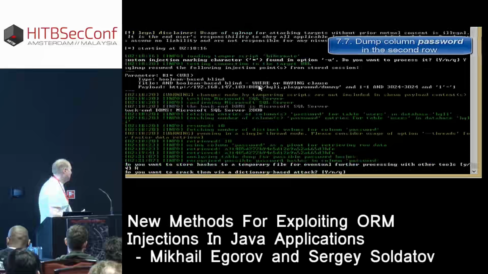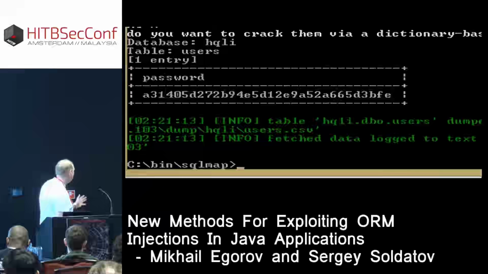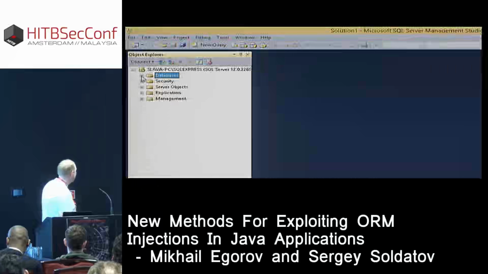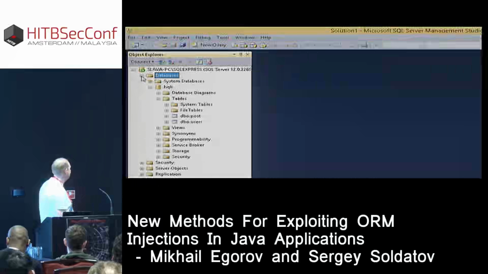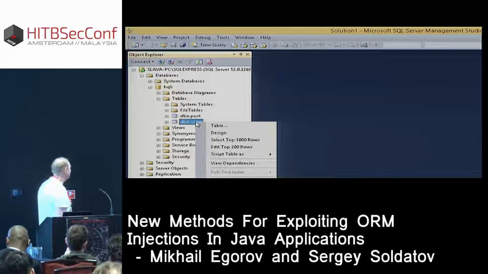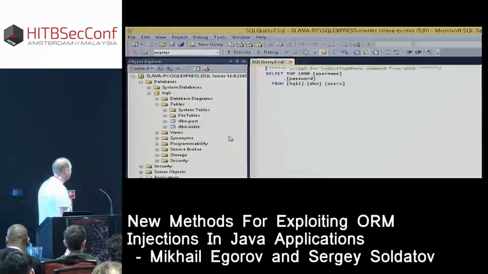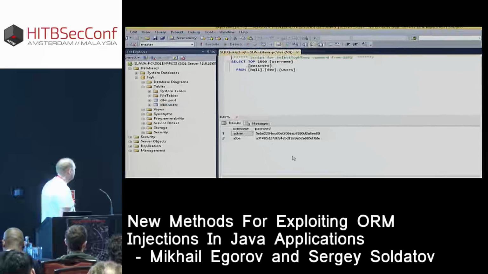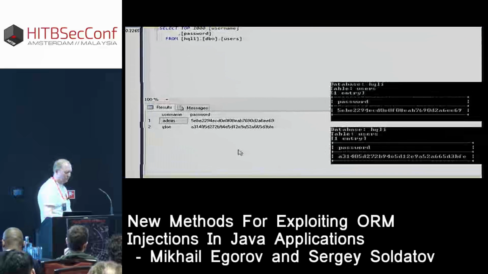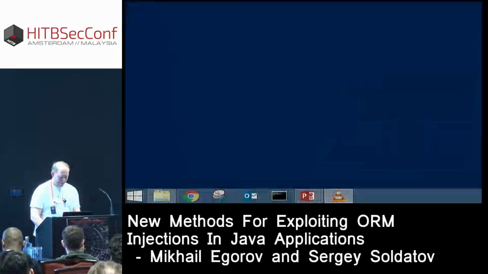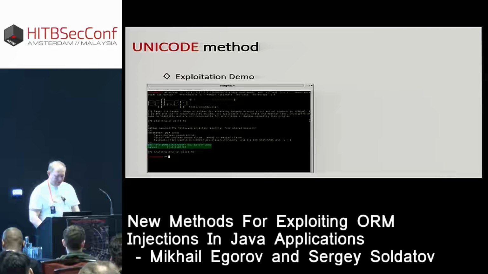Okay, and that's it. Actually, we can go to our database management system and find the HQLI database that has a users table, and it has 2 rows with exactly the same data.